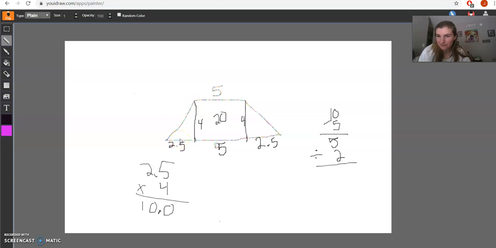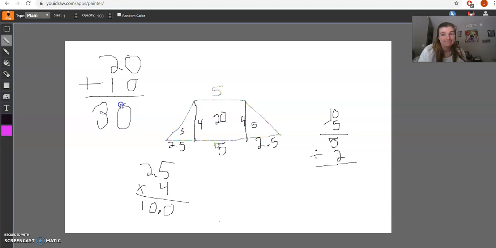But also, I have 2 of them. So cutting it in half and then doubling it, it undoes each other. So I know that these two triangles together are going to be 10. So this is 5, this is 5. I'll write it in here, 5 and 5. So I know the area in here is going to be 20 plus 5 and 5, which is 10. So the area of this entire trapezoid is 30.